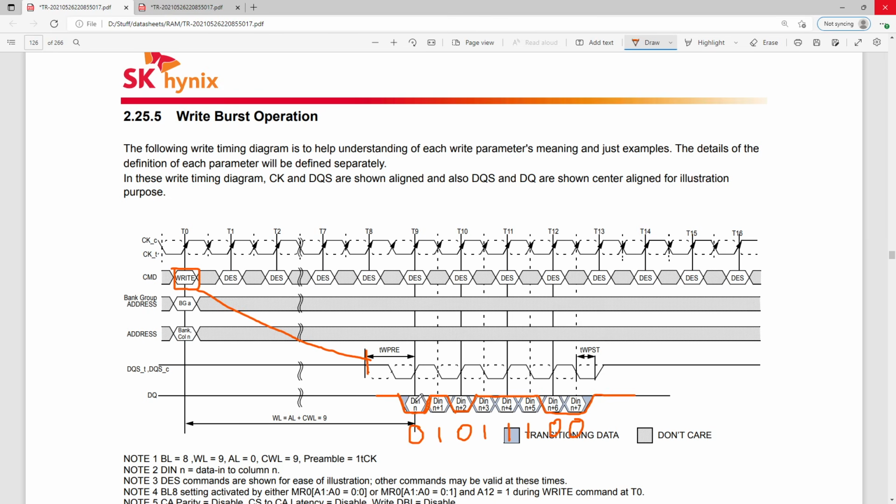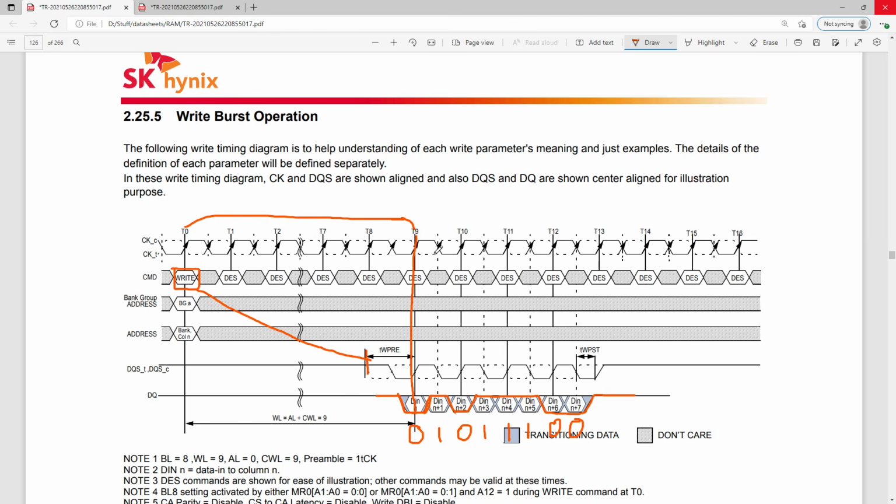So the memory controller is shifting the transition on the data bus relative to the clock signal, so that when the data arrives at the memory and the memory chip actually goes to record data, it's doing this: after this write command, because we have a cast write latency of 9, so after 9 clock cycles, from T0 to T9, at T9 the memory chip checks the voltage on the data queue, sees that the voltage is low, and records a 0.